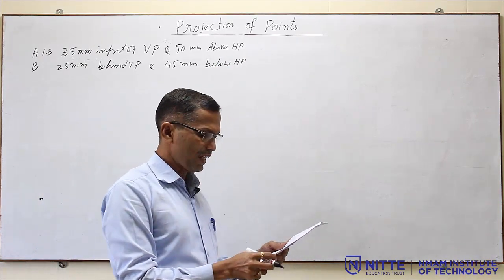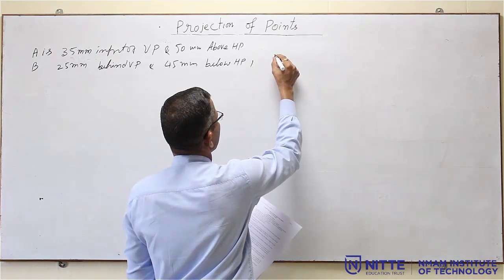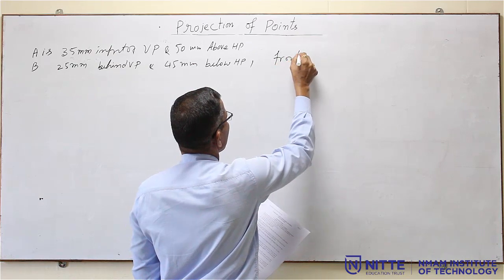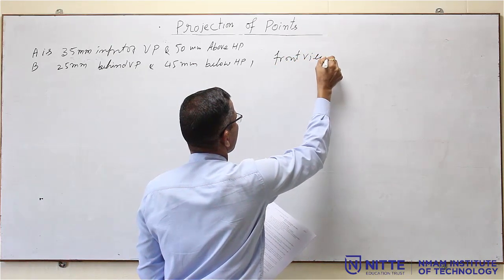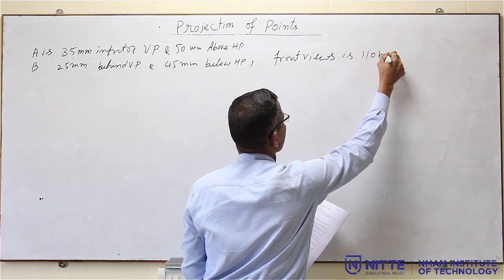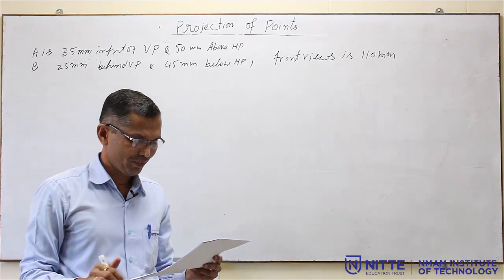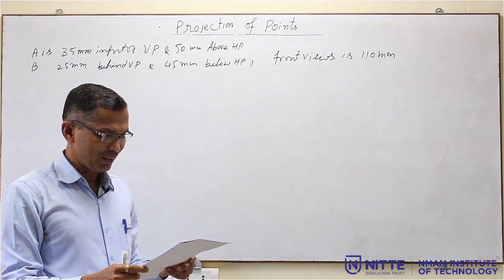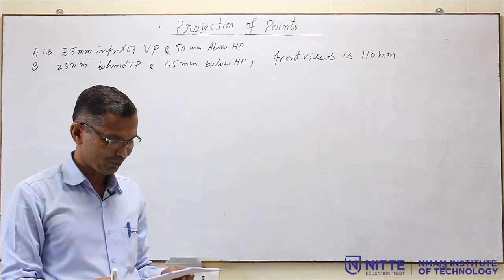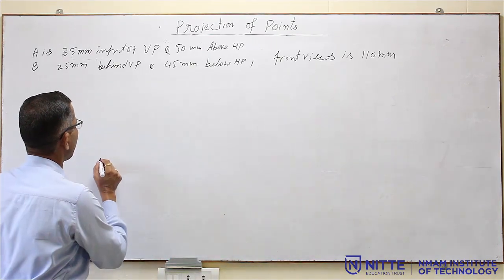The length of the line connecting the two front views is 110 millimeter. Draw the projections of the points.